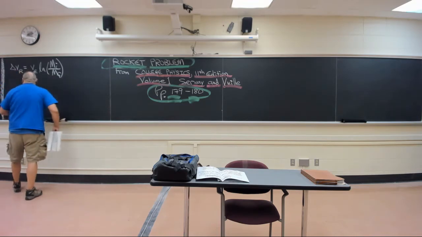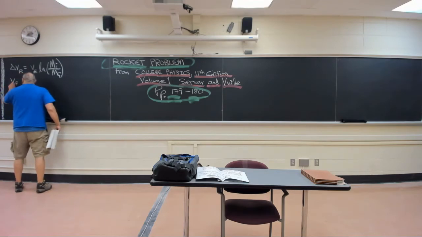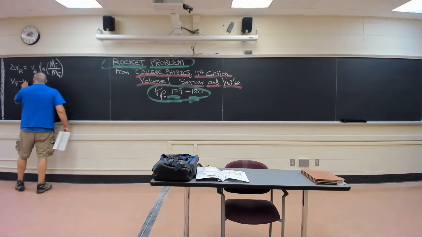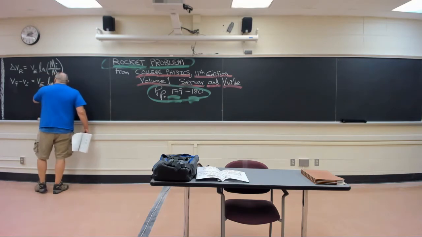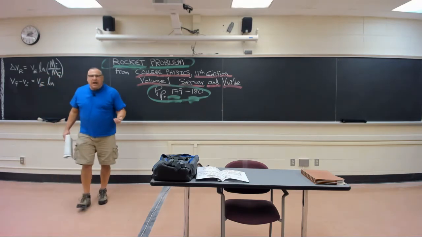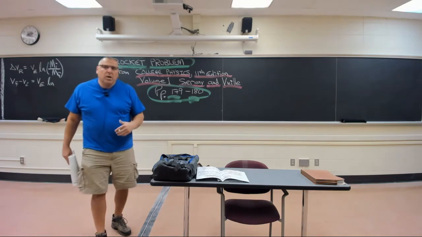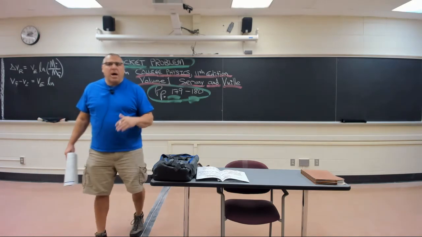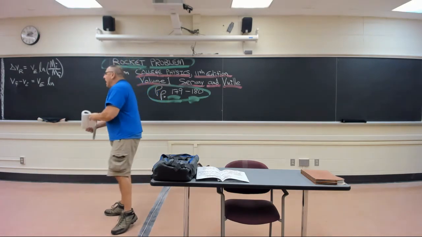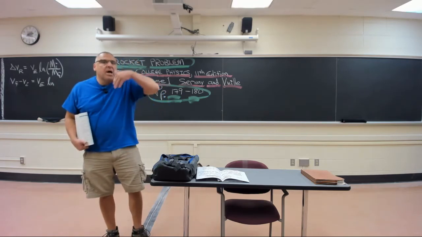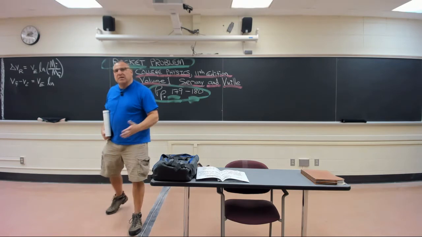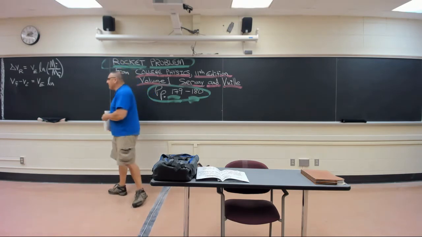We agree this is based on previous work that we've done and notes that you have on Canvas, where I show how to do the rocket problem, how it all plays out by conservation of momentum considerations. We've already discussed that elsewhere, so we have reference to that.